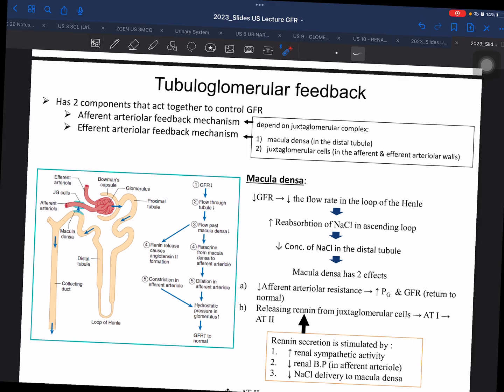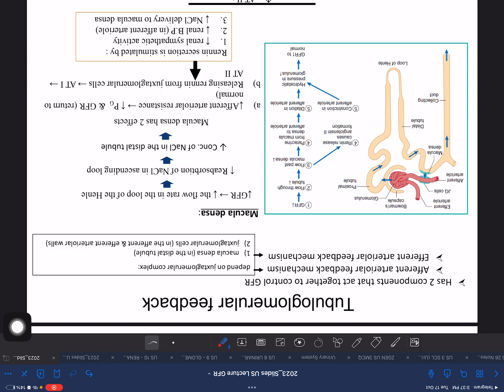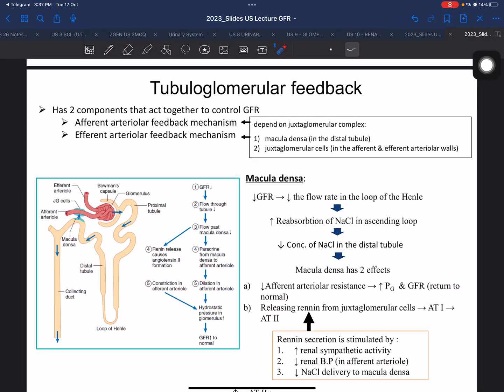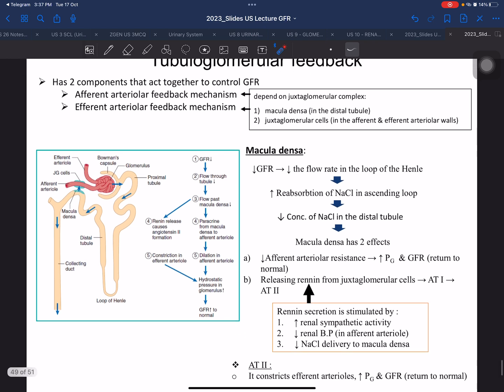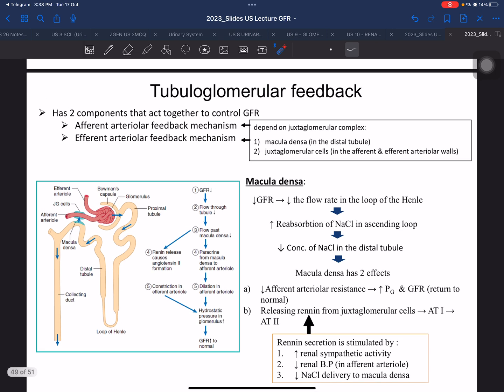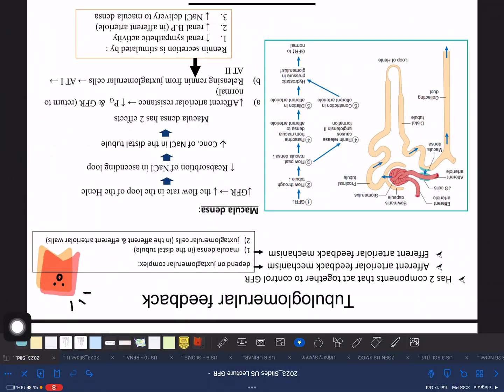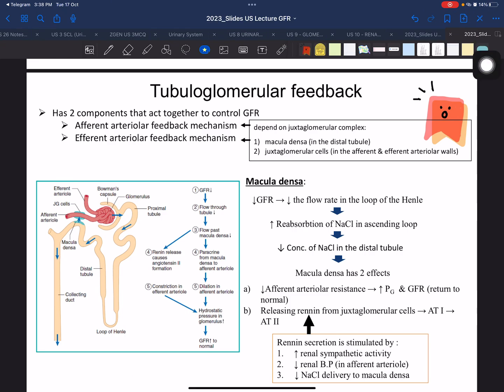Below the decrease in concentration of sodium chloride in the distal tubule, the macula densa will give two effects. It will decrease the afferent arteriolar resistance, increasing the hydrostatic pressure and GFR, so that it can return to normal. And the second is by releasing renin from the juxtaglomerular cells, which leads to the formation of angiotensin 1 and then angiotensin 2.